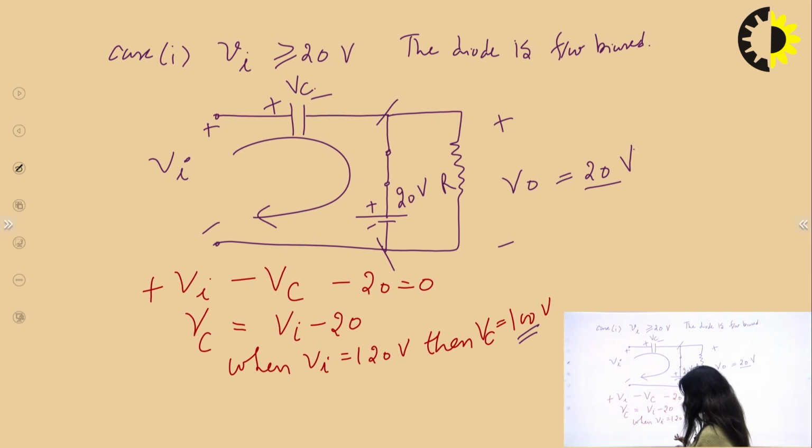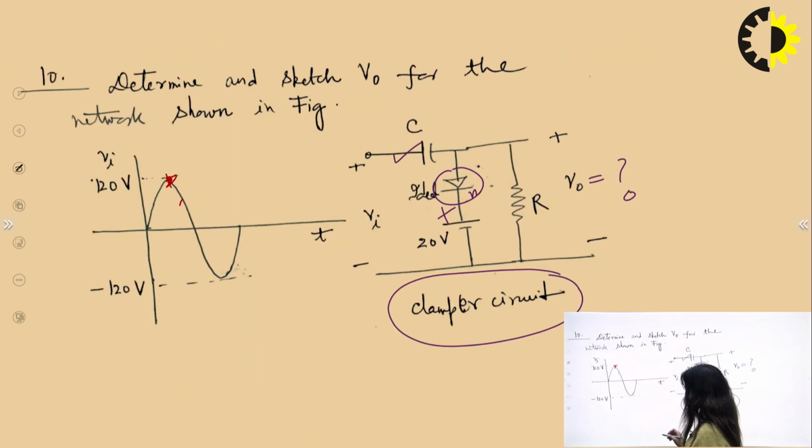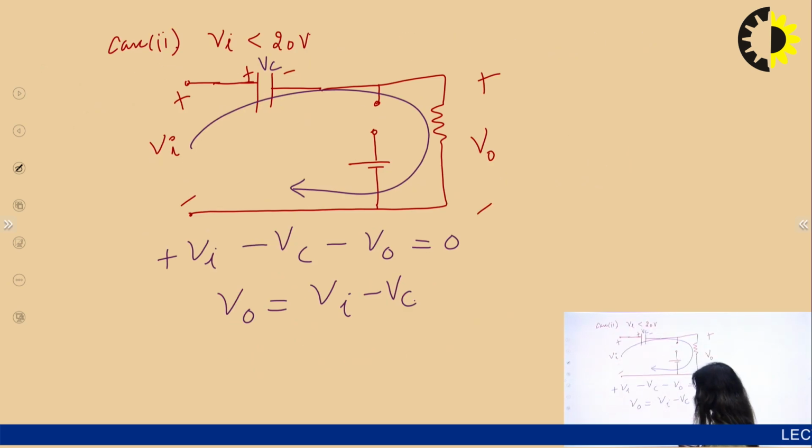And when Vi reaches its lowest peak, the voltage is minus 120. So we will put this value here.